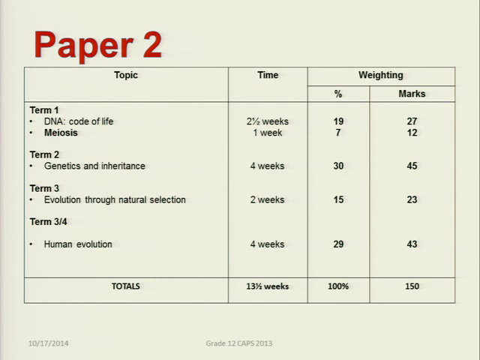After we have studied those 5 aspects, we can come to the theories of evolution. Under the theories of evolution, we have to know the theories of Lamarck, the theories of Charles Darwin, and also punctuated equilibrium.